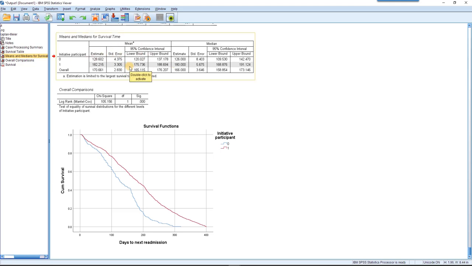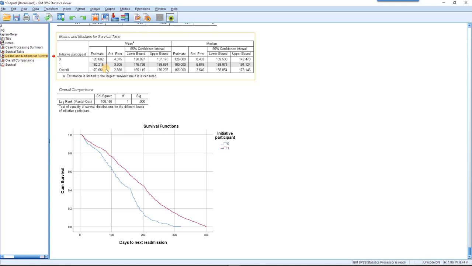We can see that in my data set, people who did not participate in the initiative had a mean number of days to readmission of about 129, whereas people who did participate in the initiative had a mean number of days to readmission equaling 182. So that is a fairly significant difference to look at without looking at the log rank, the Mantel-Cox test.